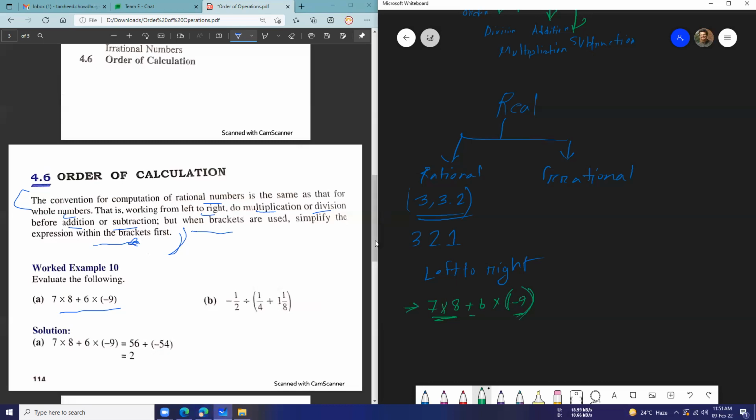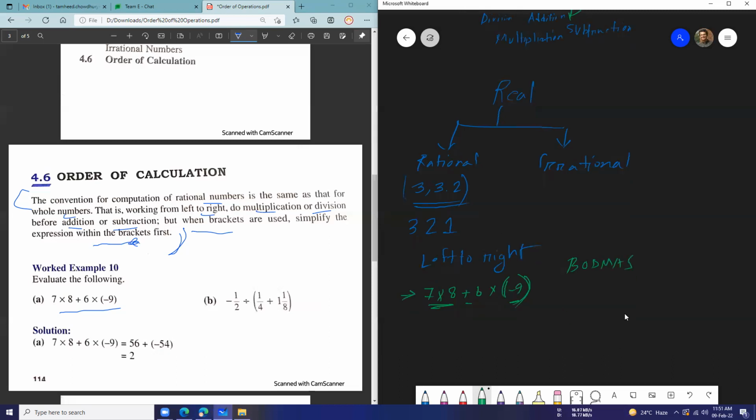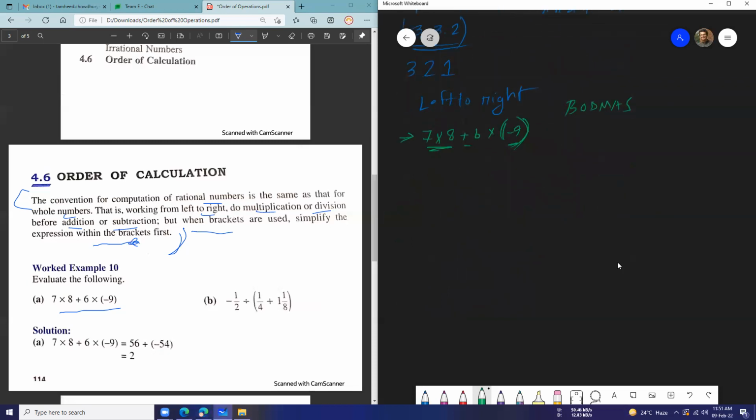That's easy to understand with BODMAS. So make a whole point of view out of it. Like the order of calculation, what is written in the first paragraph is that you learn to do mathematics from left to right.